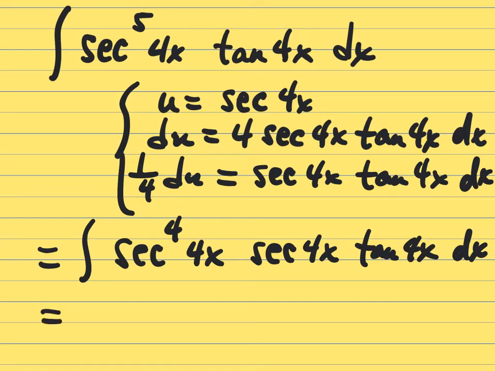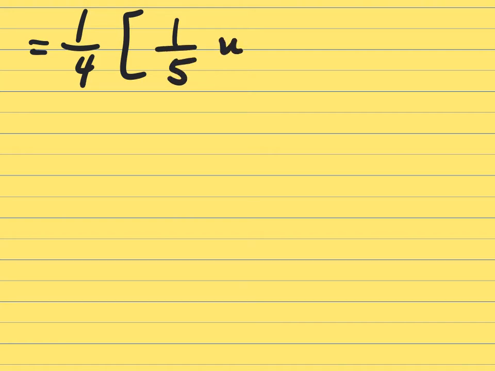Making the substitutions, we get 1/4 u to the 4th du. The antiderivative of u to the 4th is 1/5 u to the 5th power plus c. That gives us 1/20 u to the 5th power plus c.